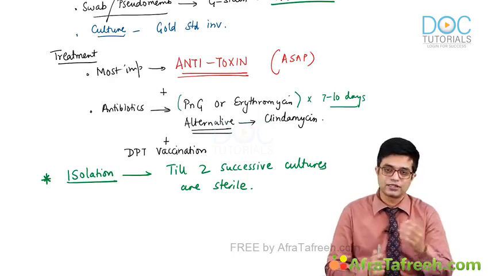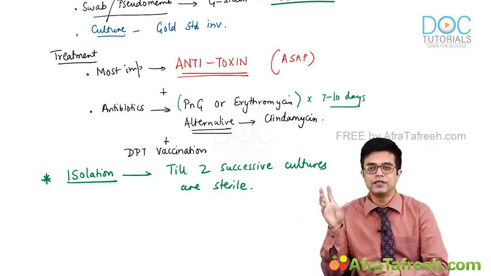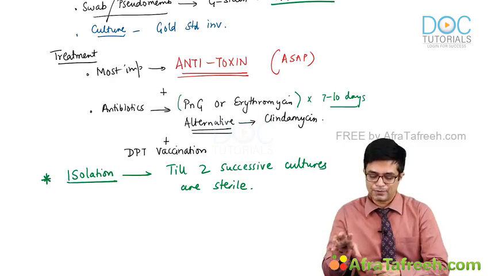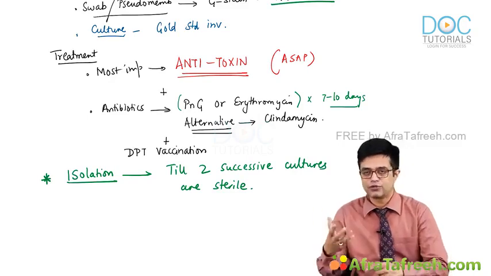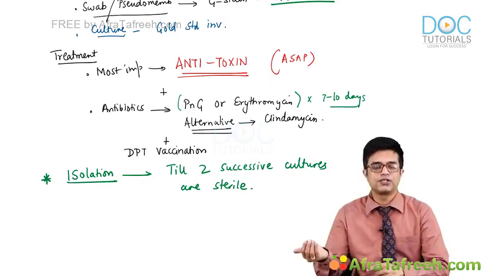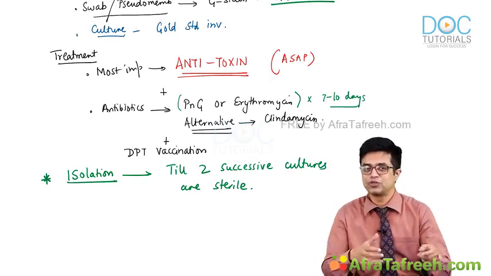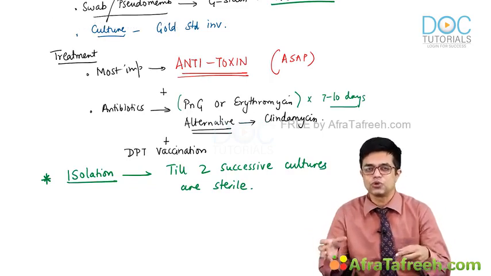Now, a question may ask, a clinical scenario, a patient of diphtheria was given penicillin G, he was given antitoxin, managed properly, given penicillin G for 7 days. After completion of antibiotic therapy, the culture was still positive. What next will you do? Now, this is something you will not find in textbooks written directly. It is based upon the protocols.